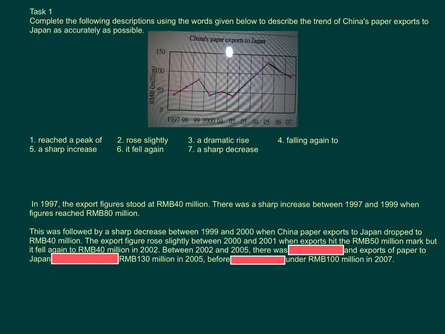Between 2002 and 2005, there was a dramatic rise in exports of paper to Japan, reached a peak of renminbi 130 million in 2005 before falling again to under renminbi 100 million in 2007.